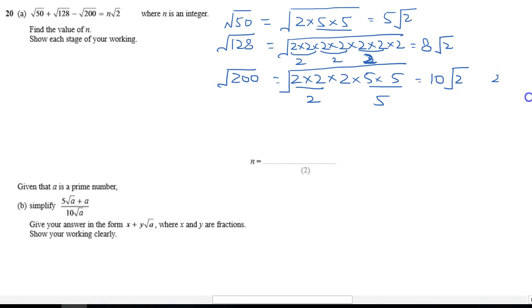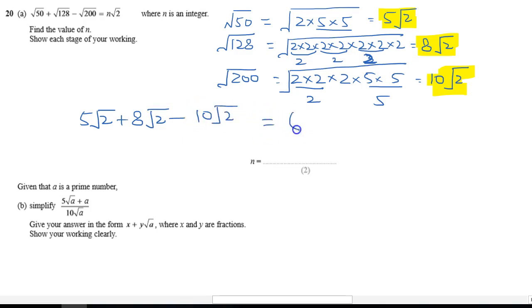Now you can see here what we have is 5 root 2, 8 root 2 and 10 root 2. So it can be written as 5 root 2 plus 8 root 2 minus 10 root 2. This can be written as 5 plus 8 minus 10.